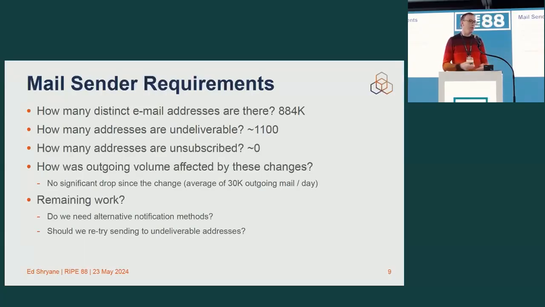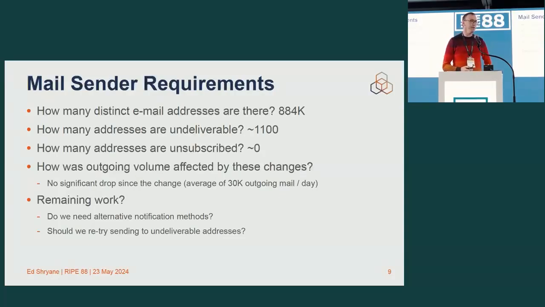We know more about these email addresses, but there is remaining work. I believe we are very dependent on these large mail providers to contact our users. The big three mail providers, Google, Yahoo, who impose these requirements, and also Microsoft, are hosting well over 300,000 of these 884,000 addresses.